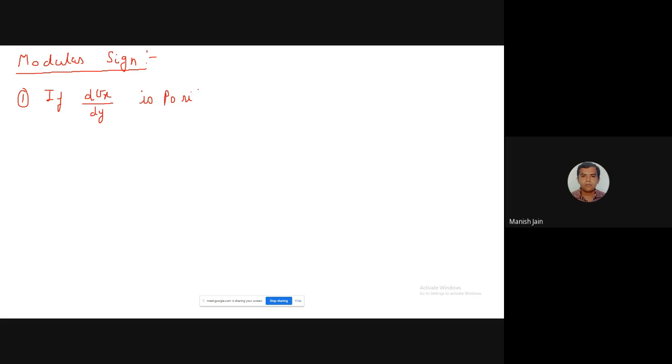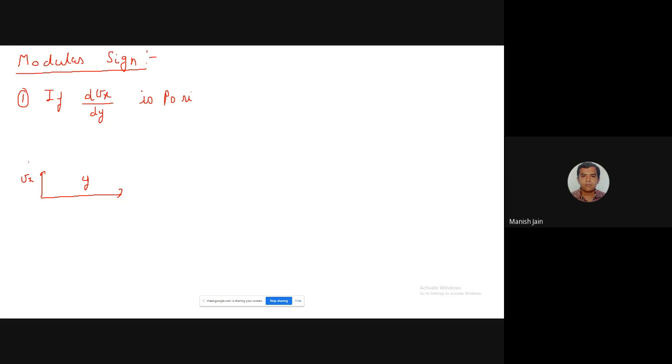Because the shear rate is a vector quantity, whether it is positive or negative indicates the direction of the shear rate. How do you check the direction of the shear rate? Suppose this is the direction of y, and the velocity vx is in this direction. This is basically the shear rate, where you have perpendicular directions. The fluid is flowing in one direction and the velocity is changing in the other direction.